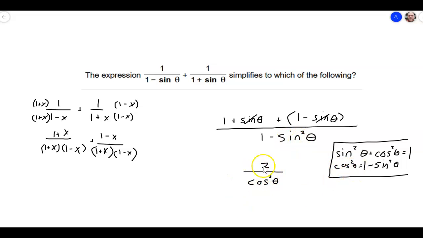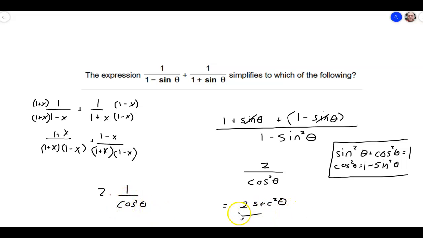And 2 over cosine squared of theta is really just equal to 2 times secant squared of theta. If you're having trouble with that, that's really just 2 times 1 over cosine squared of theta, and 1 over cosine squared of theta is secant squared of theta.